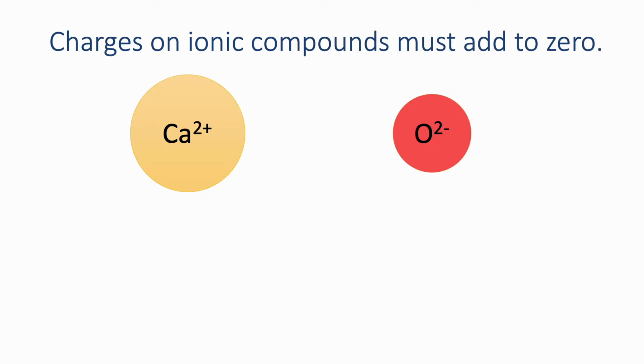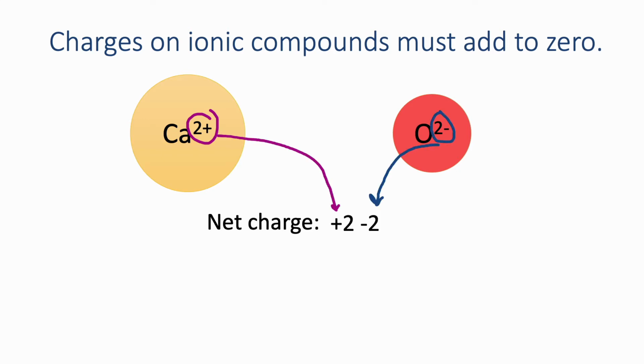If you think about two particular ions, and in this case I have calcium and oxygen coming together, how would these combine? Let's look at the net charge. We've got a +2 charge on the calcium and a -2 charge on the oxygen. If we add these together, +2 - 2 equals 0. That's the point. If you want to make calcium oxide, you're going to get 1 calcium for every oxygen. That will give you a net charge of 0.